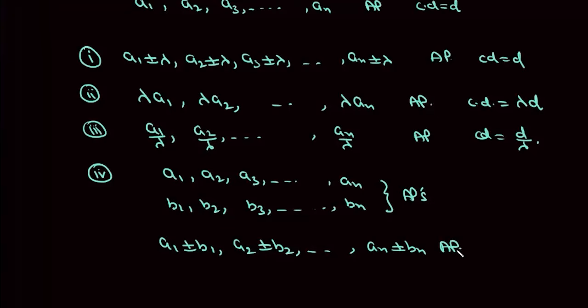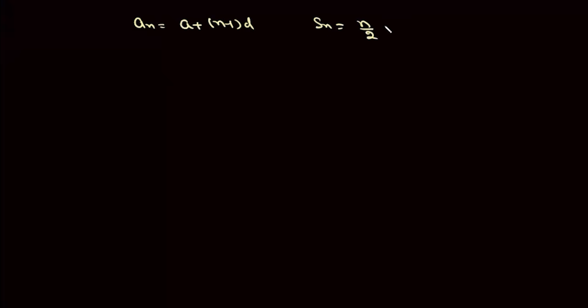So A1 plus minus B1, A2 plus minus B2, and An plus minus Bn will also be an AP. Now, we know that for an AP, nth term is A plus (n minus 1)D, and its partial sum is n by 2 times (twice A plus (n minus 1) into D). Then the result is, if An is an AP, then Sn is quadratic in n.